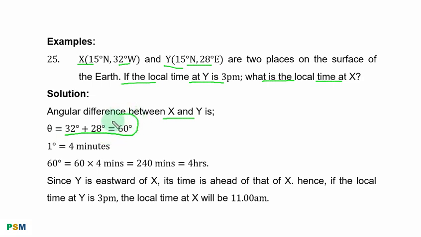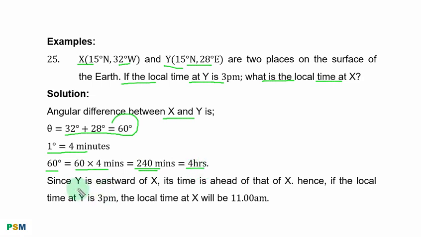You have 60 degrees. Earlier, 1 degree is equal to 4 minutes. For 60 degrees, you have 60 times 4 minutes, that is 240 minutes. If you convert this to hours, using 60 to divide it, you have 4 hours.